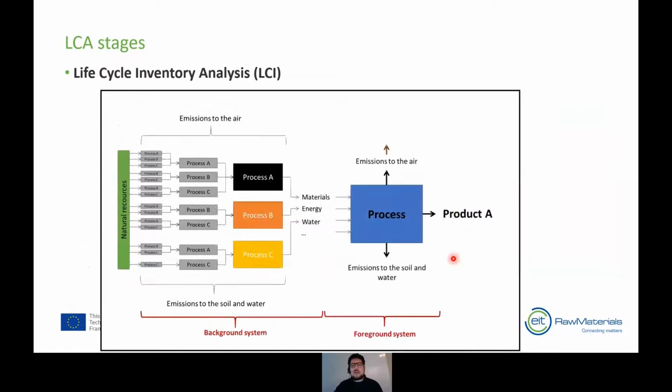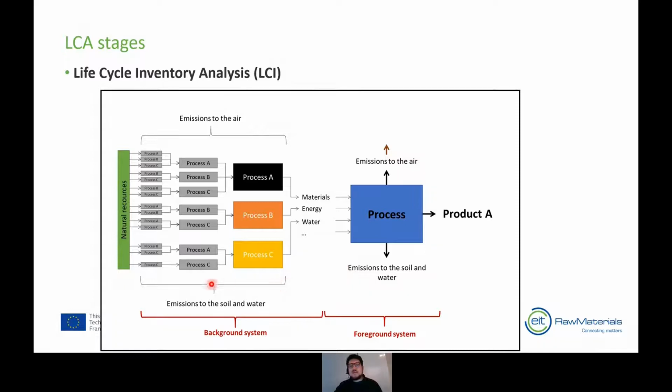It would be better if we make an illustration here. We can see we have the production of this product A, and for this we need certain quantities of materials, energy, and water. Besides the production of A, we also have emissions to the air, and emissions to the water and soil. All the information that we have here, all the steps and the items, inputs and outputs that we can collect, is called the foreground system.